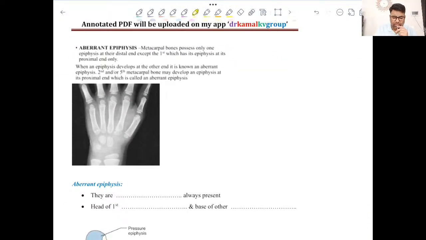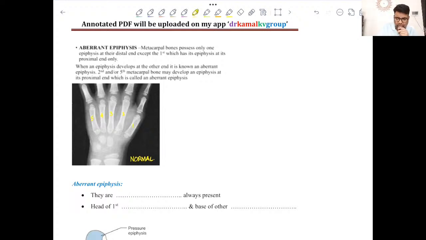Now to study aberrant, you need to understand what is normal first. Now when we take a normal X-ray of a hand, what we will see here are the metacarpal bones, first, second, third, fourth and fifth, right? So there are 5 metacarpals.